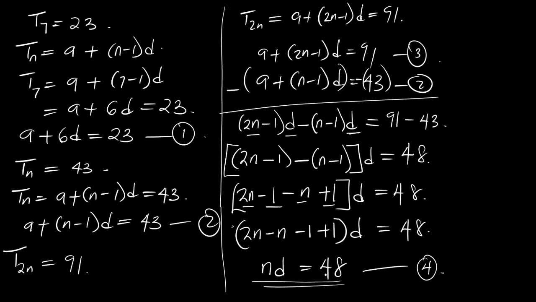So now we have equation 2 to be a plus bracket open n minus 1 times d equal to 43. Now if you open up this bracket, you have a plus n, now you use this d to multiply this n. You have nd minus d is equal to 43.